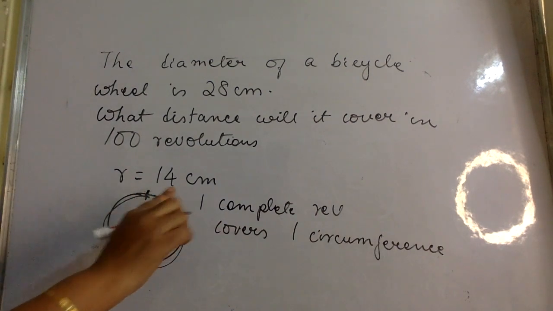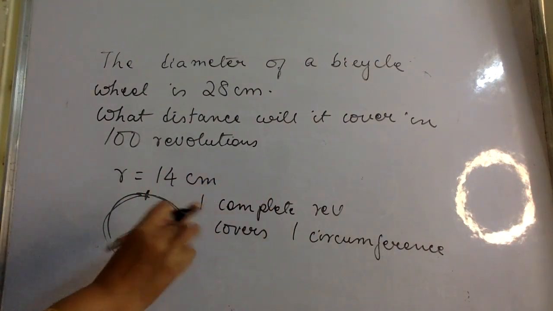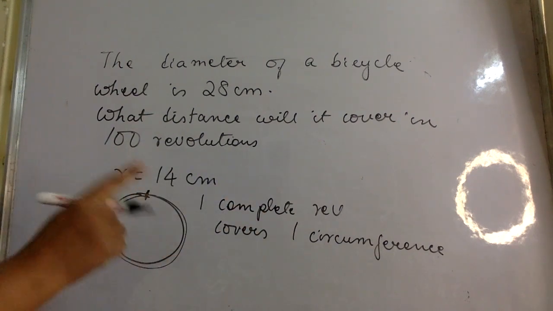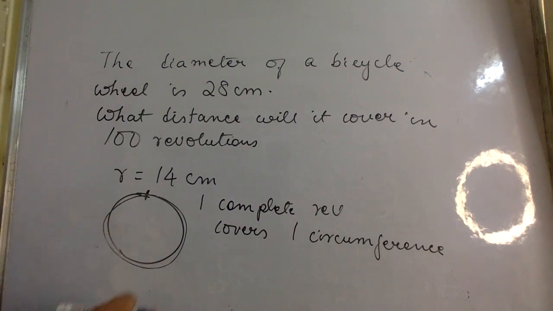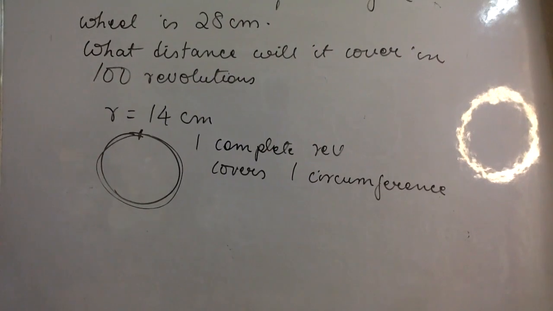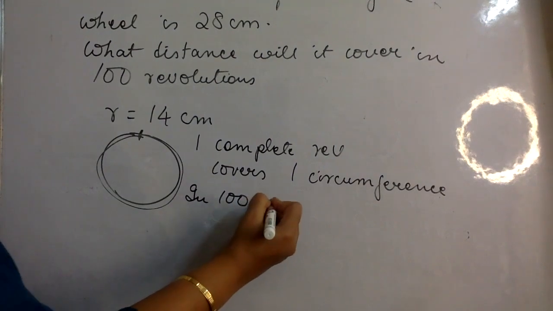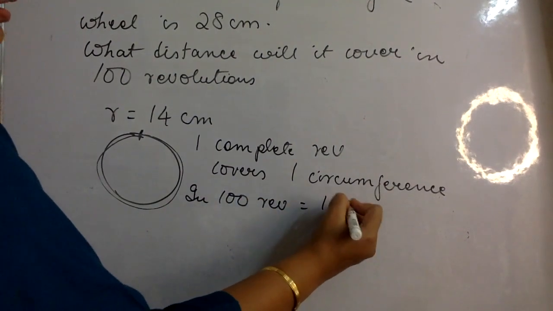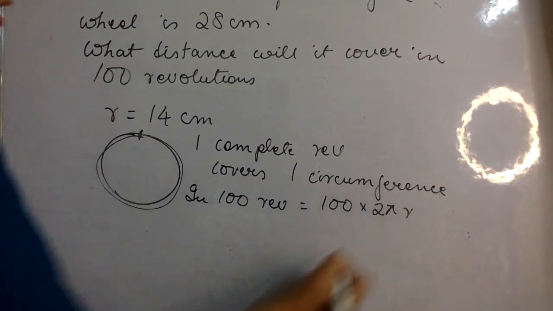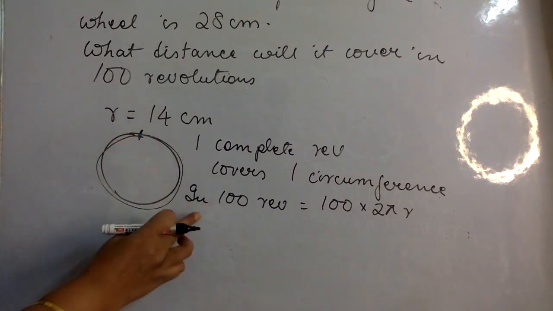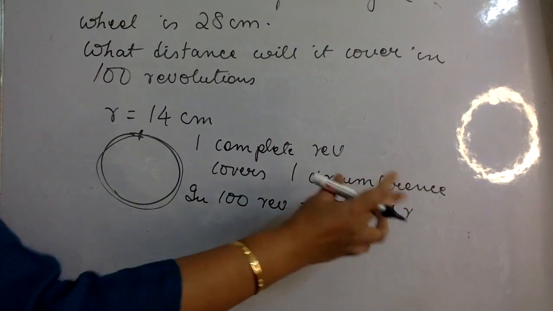One complete revolution makes one circumference. So in 100 revolutions it covers 100 into 2 pi r, because in one revolution it was covering 2 pi r only.